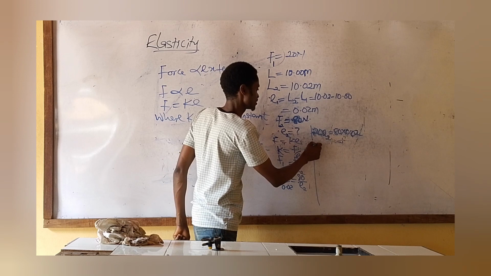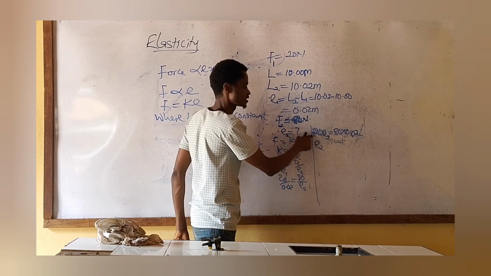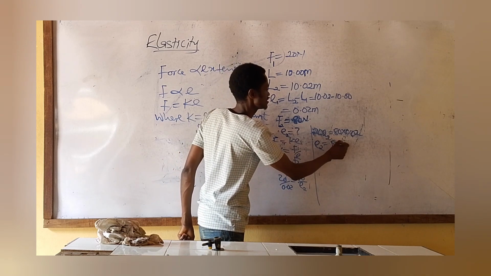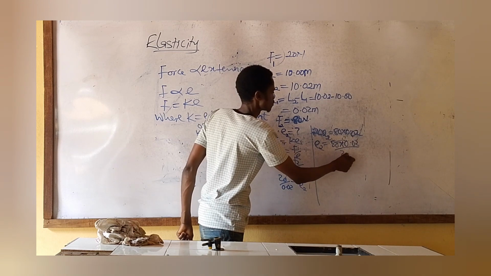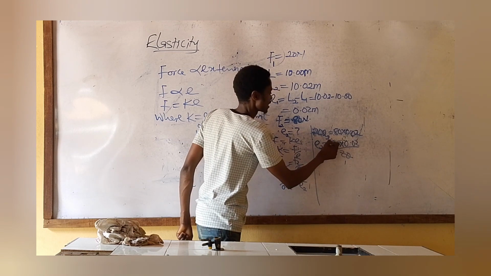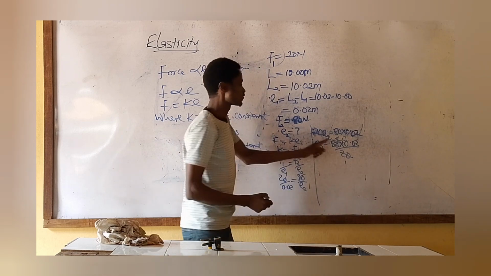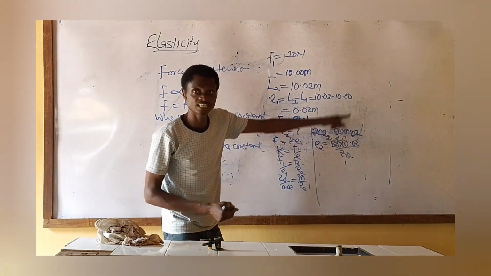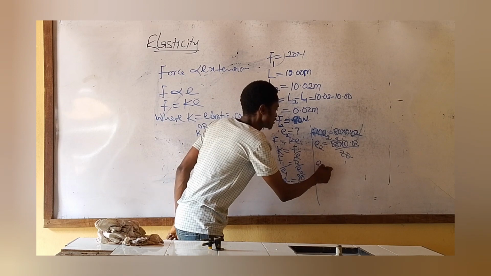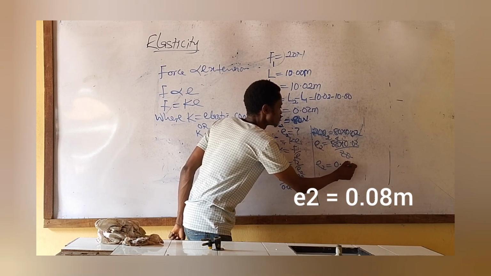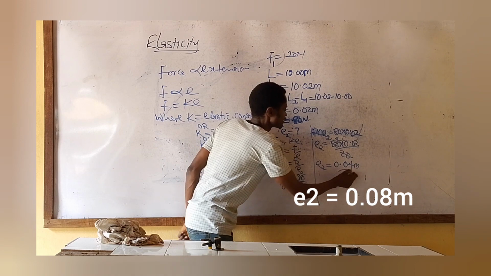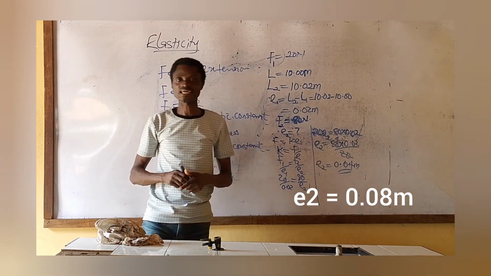Here we can now say E2, we divide both sides by 20, is equal to 80 times 0.02 divided by 20. This here is 1, this here is 4. So 4 times 0.02, that would be E2 equal to 0.04 meter.